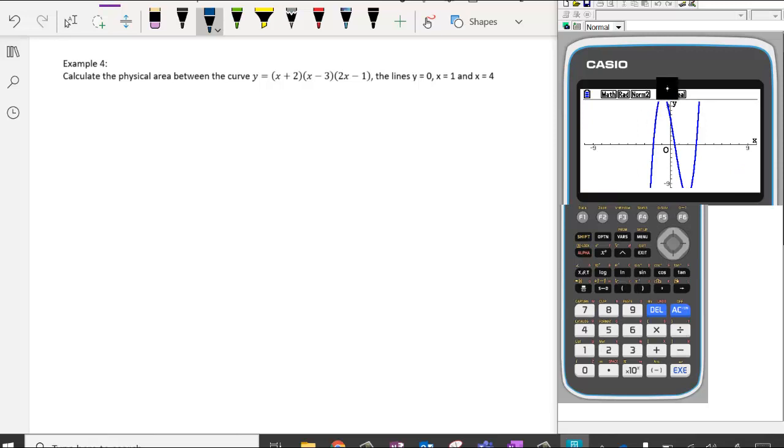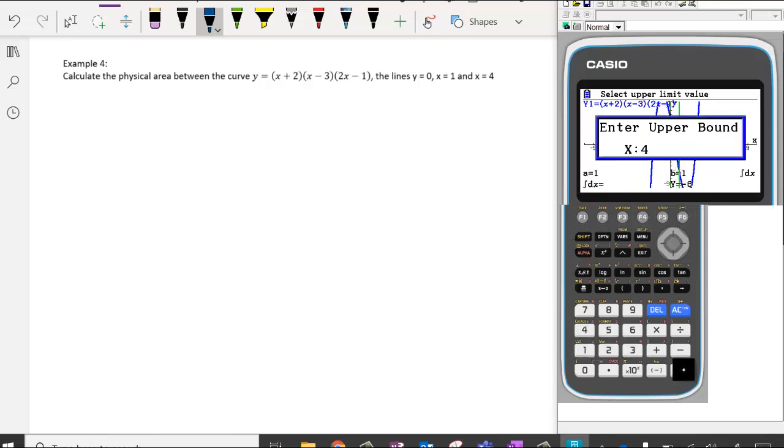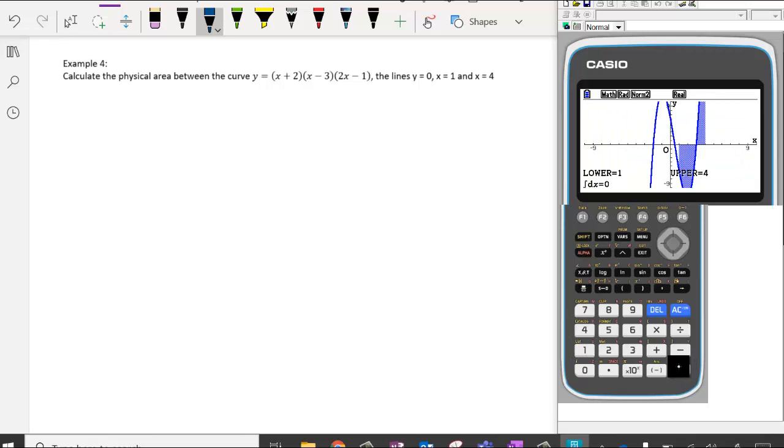But because we're only looking between 1 and 4, if we go gsolve and we find the area between the curve, we can see that there's a negative section and a positive section, so we need to be able to break that up. Obviously, there's an intersect at x equals 3, so our area is the integral.